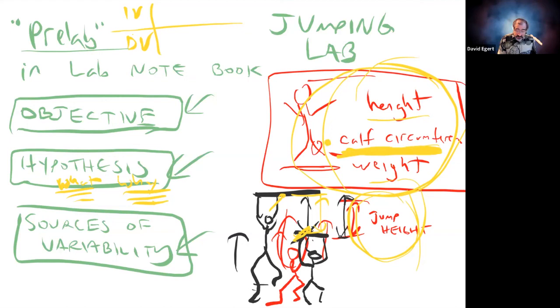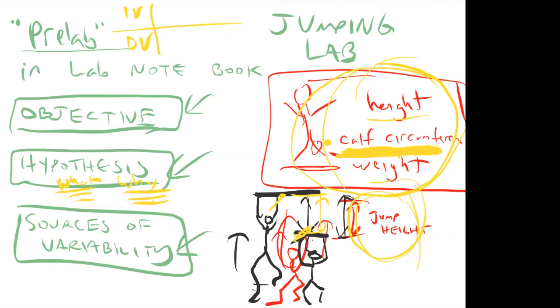You could say larger calf would mean a larger jump, because a larger calf may have to do with beefier calf muscles to jump more. We don't have to relate all three at one time. There's one that you think is the main one, but it has to have a reason.